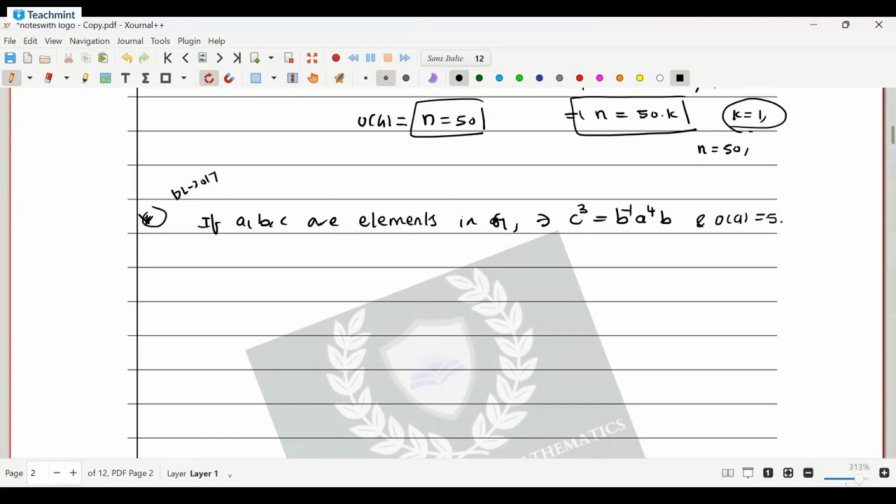This was an APDL question in 2017. Then the value of the order of c is equal to dash. Options are A 5, option B 20, option C 15, and option D 10.